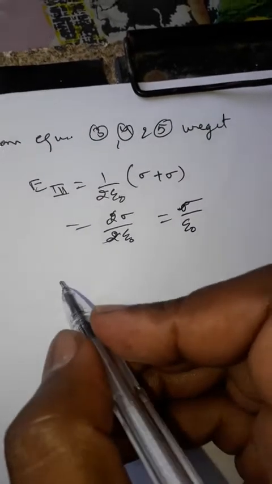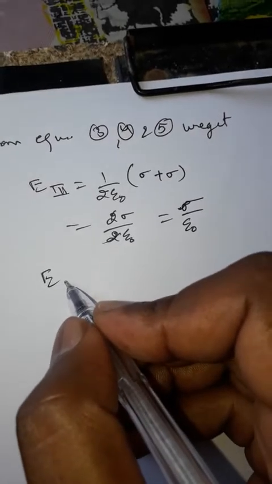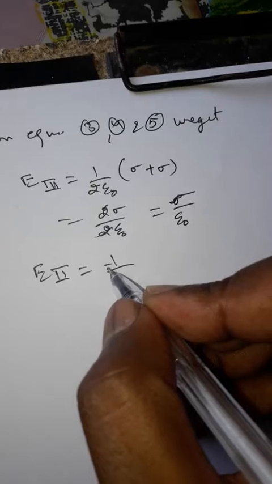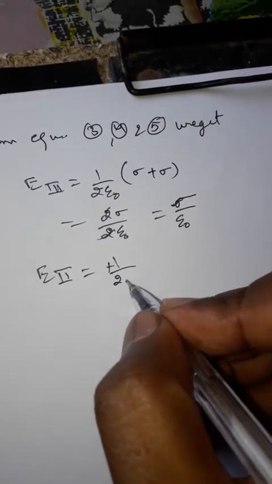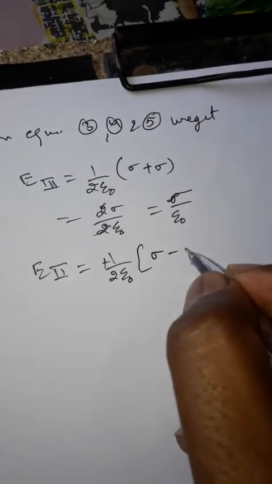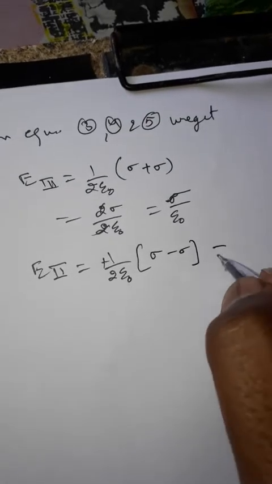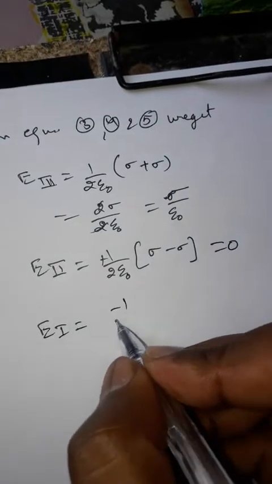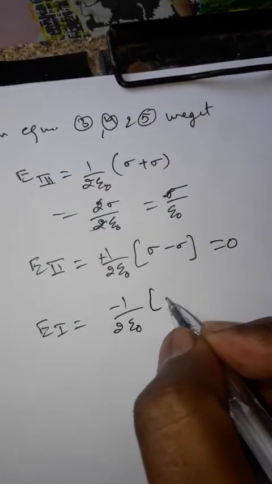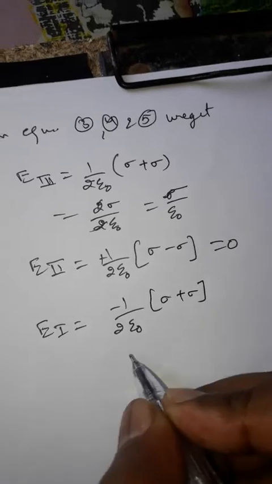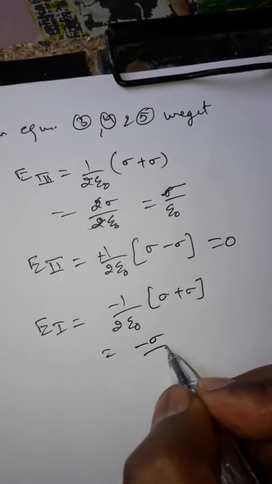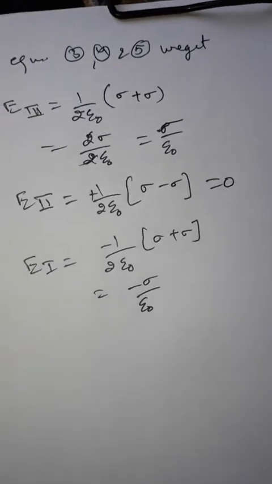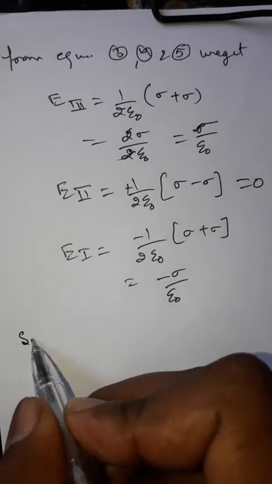Similarly from equation fourth, the electric field in the second region is 1 by 2 epsilon naught into (sigma minus sigma), that is equal to 0. And in the first region it is minus 1 by 2 epsilon naught into (sigma plus sigma), that is equal to minus sigma upon epsilon naught.